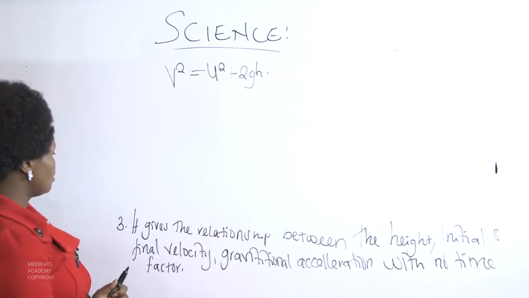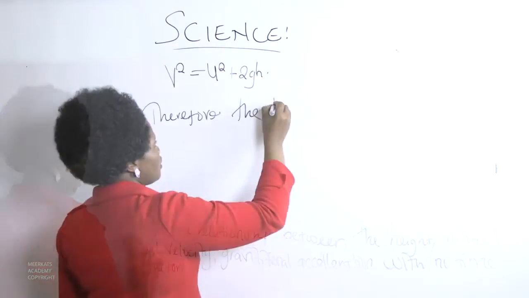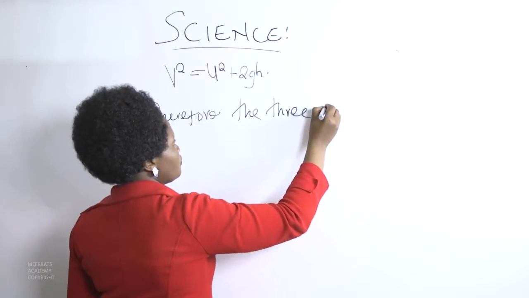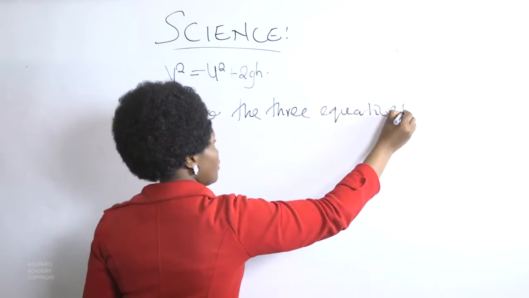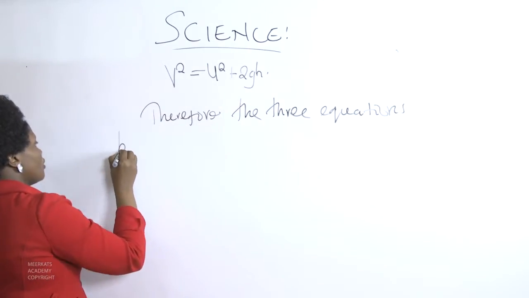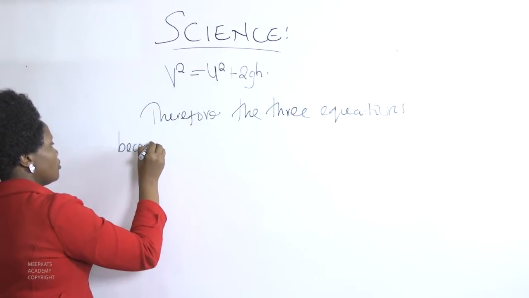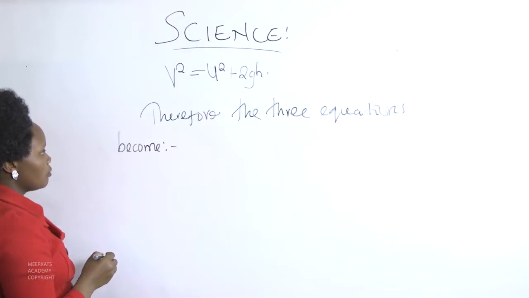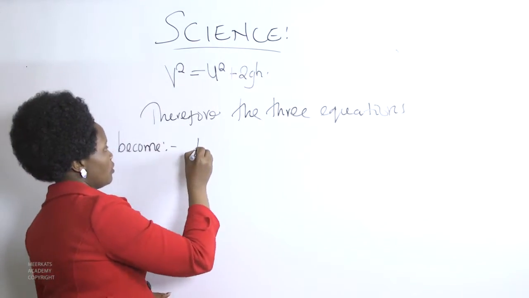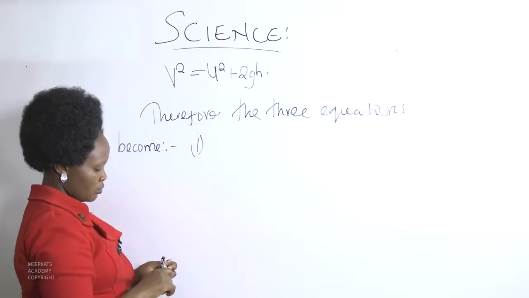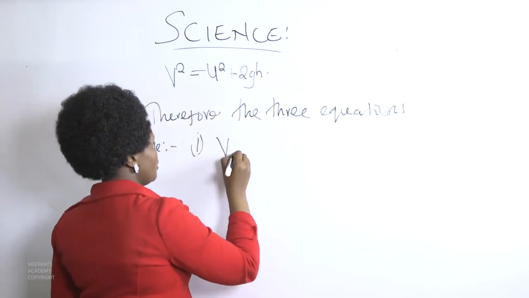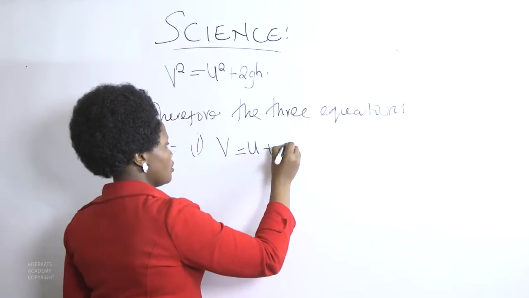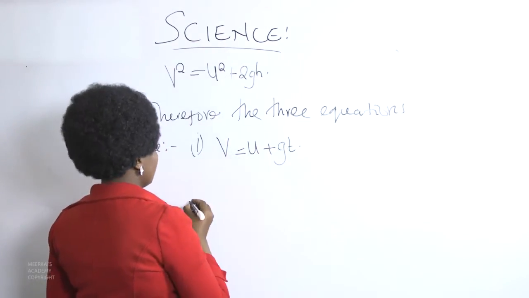The three equations become v is equal to u plus gt.